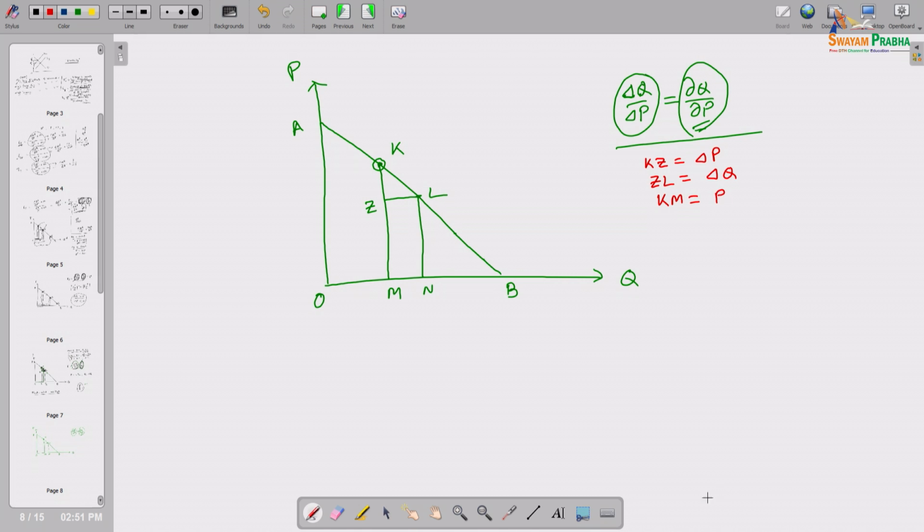When we take KM as the price, it means we are moving from K to L, this side, and OM is the original quantity.